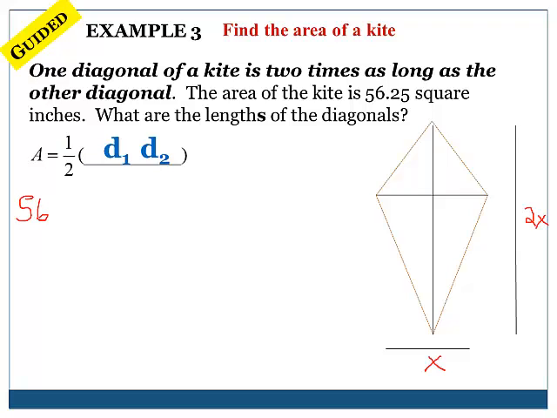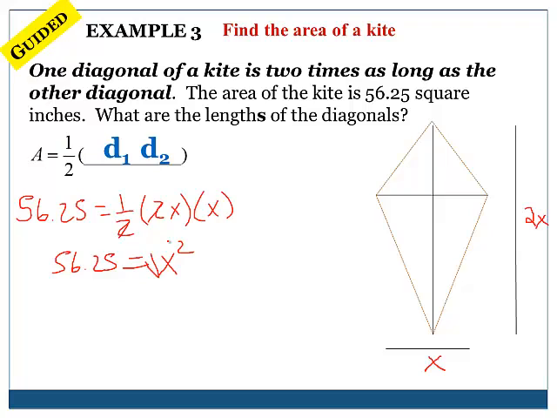We have 56.25 is equal to 1/2 times diagonal 1, which is 2x, times diagonal 2, which is x. The 2's cancel out. Algebraically, you get 56.25 equals x times x, same base, you add the exponents, so you get x squared. Take the square root of both sides. Technically, you have plus or minus. Don't forget that when you get into higher level math classes.